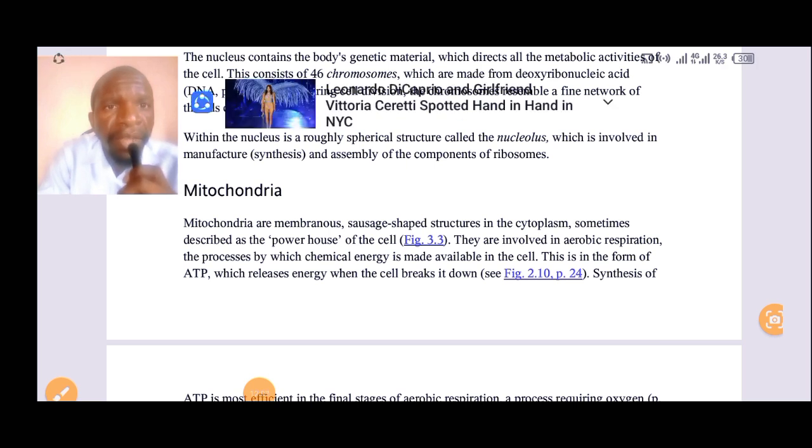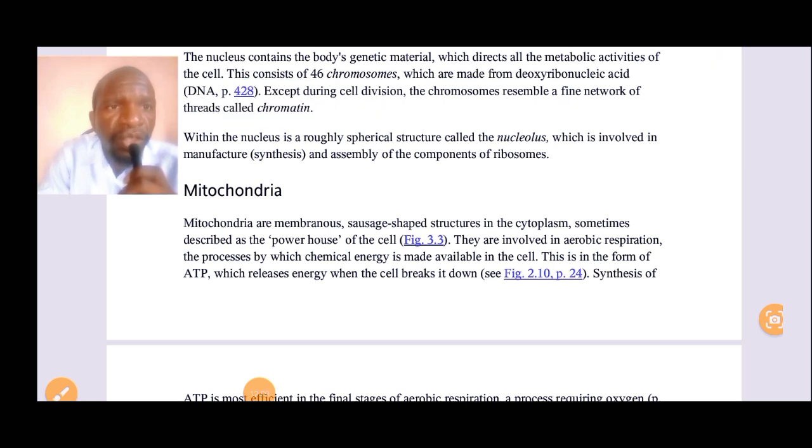To say mitochondria are membranous sausage-shaped structures in the cytoplasm, sometimes described as the powerhouse of the cell, is to describe their structure, but the main function of the mitochondria is energy production in simple terms. As simple as that. Don't complicate things for yourself. They produce energy in the form of ATP, which is adenosine triphosphate.